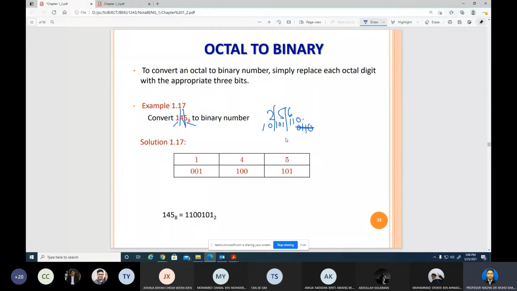You can verify this using your calculator. That's why after you convert manually, you can verify the answer using your calculator.